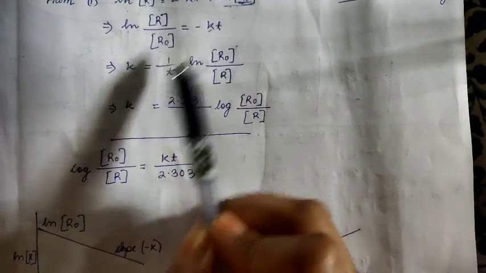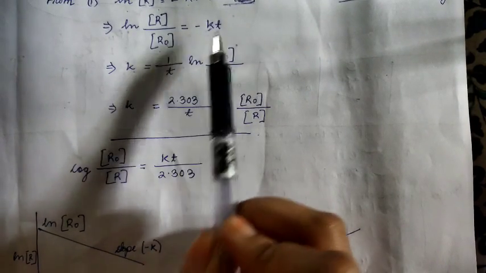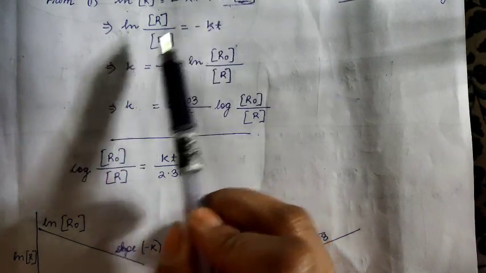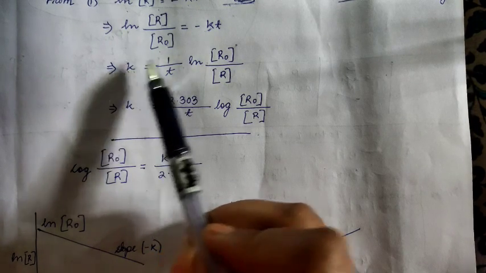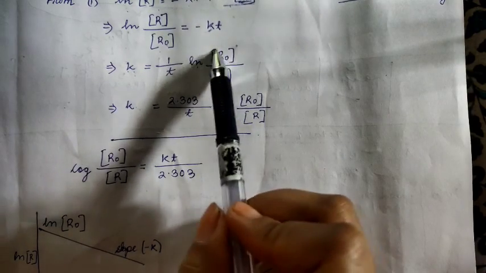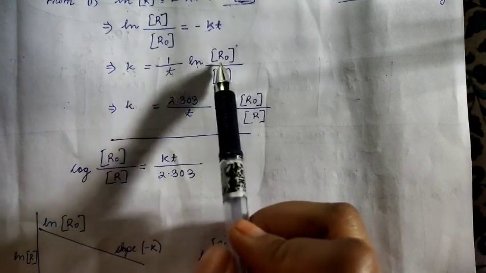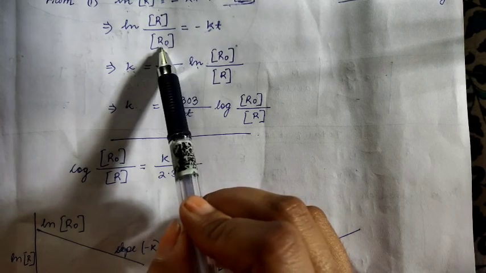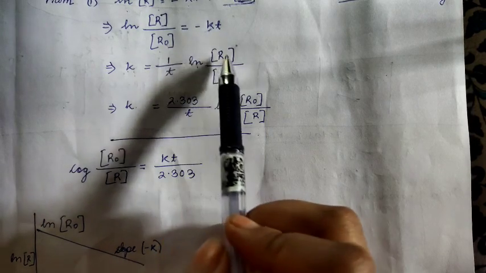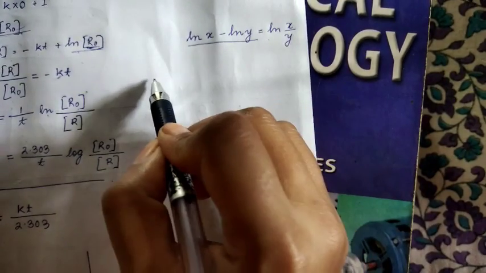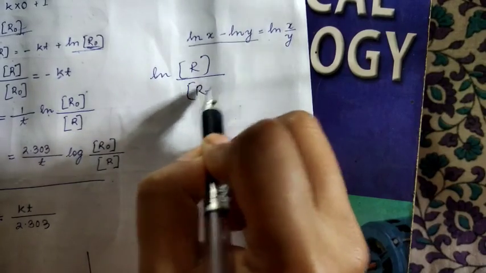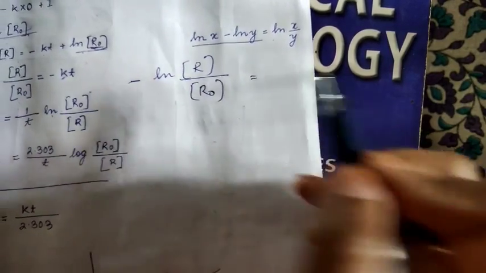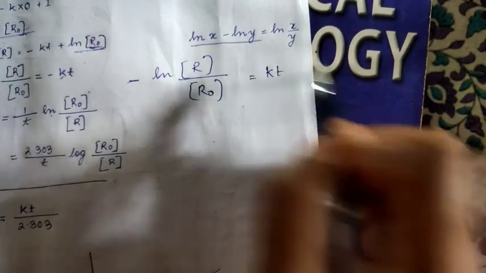Now bring k to one side, and you are left with 1 by t. If you bring the k to this side, you are left with k equals 1 by t ln of concentration of R naught by R. Now observe one thing here: this R naught was in the denominator but now it is in the numerator. Let me break it down. We have multiplied by minus on both sides, so you will get kt.